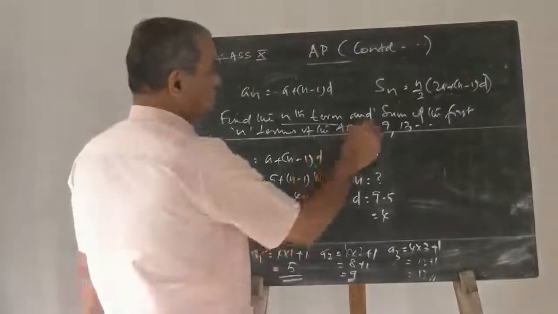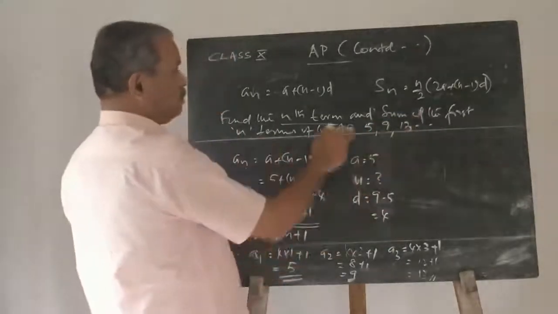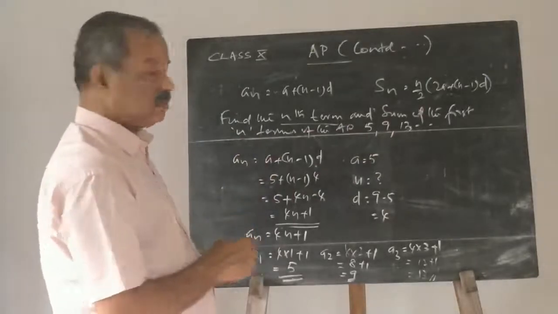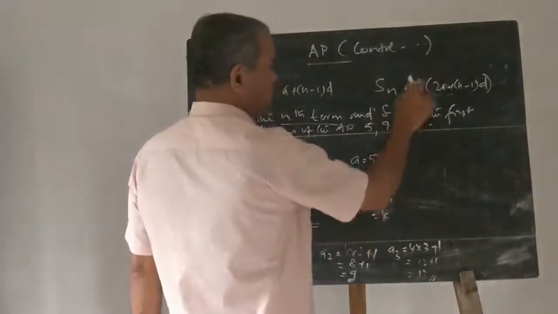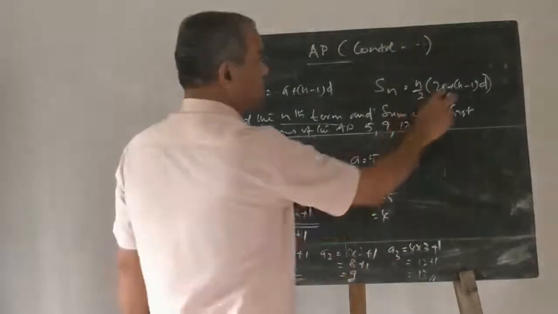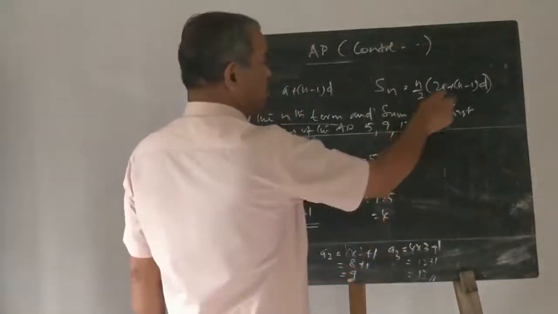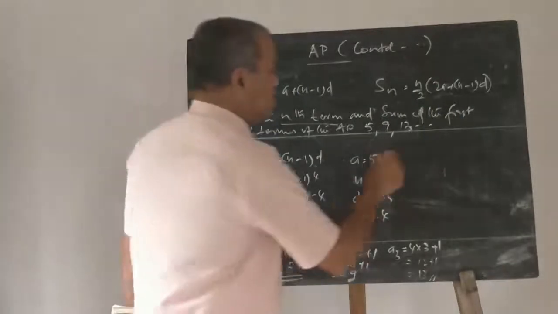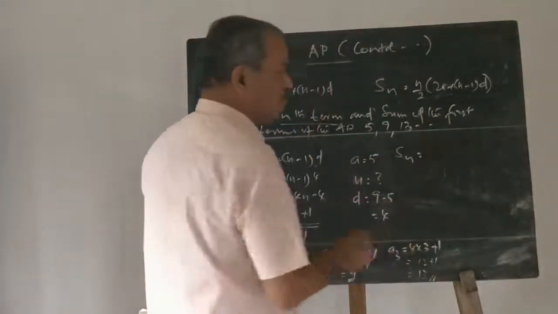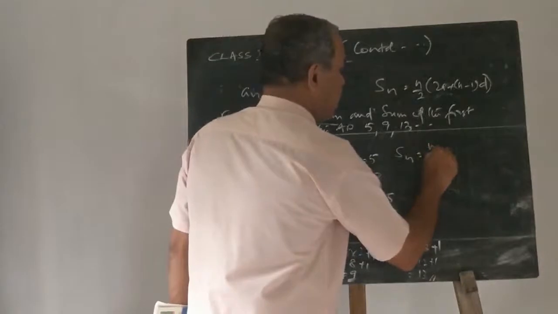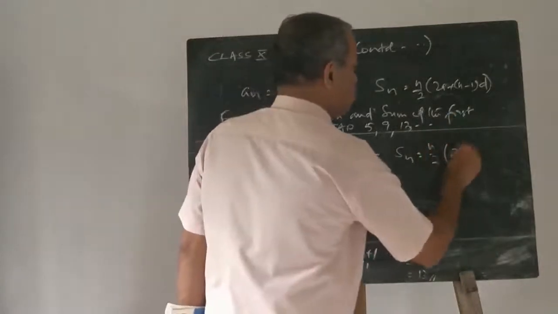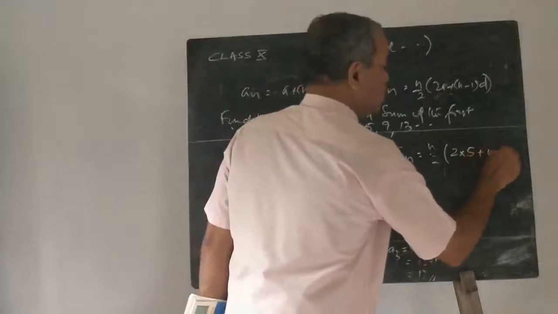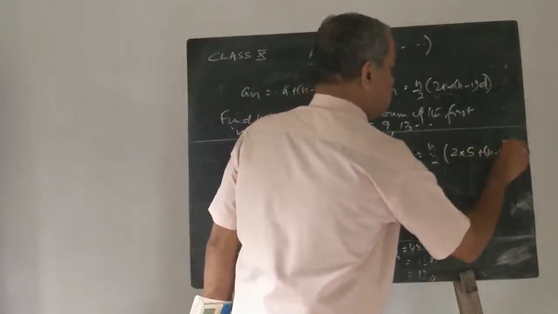Now, the second part of the question is to find the sum of the first n terms. To find the sum of the first n terms, we require a equals 5, n is not given, and d equals 4. Now, Sn, the sum of n terms, equals n by 2 into 5, the first term, plus n minus 1 into d, 4.